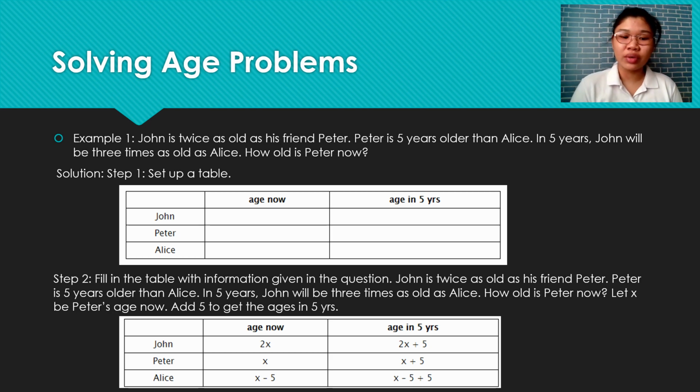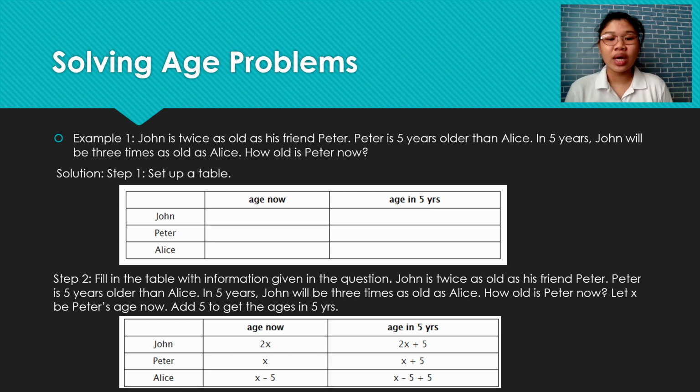Okay, we have the age of John, which is 2x. So Peter is 5 years older than Alice. So if Peter is x years old, Alice is x minus 5 years old, since Peter is older than Alice.